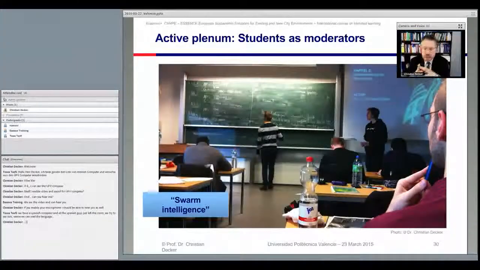Now, what is interesting is students are not developing the content, like I mentioned on the previous slide, but they are developing a solution. And if I apply the terminology of swarm intelligence, it is interesting that in every situation where I applied this technique, students were able to solve the most complex case studies.